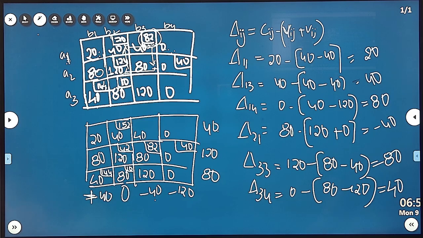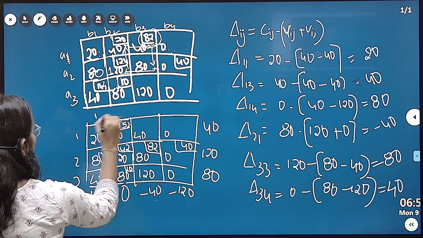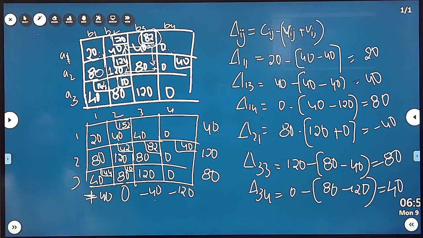So again degeneracy, do it. This is 1 2 3, 1 2 3 4, 2 1 80.